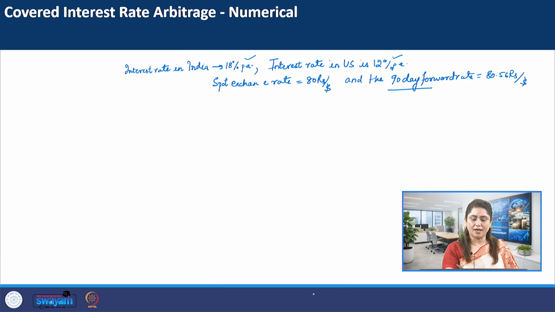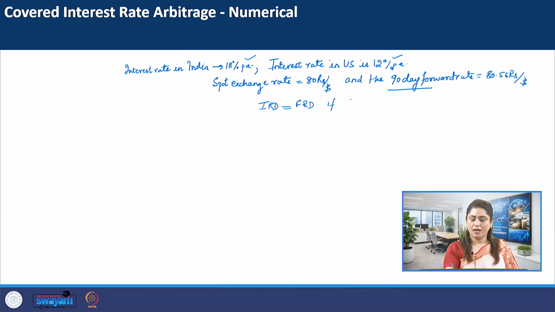Now we have to find whether there is an arbitrage opportunity or not. To find that, first we are going to calculate the interest rate differential, and we will try to find whether it is equal to the forward rate differential.